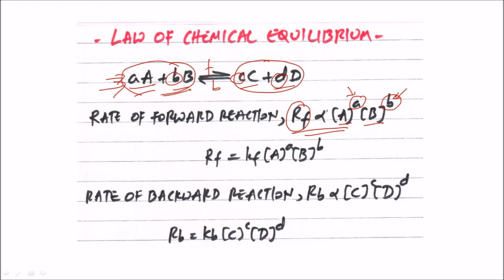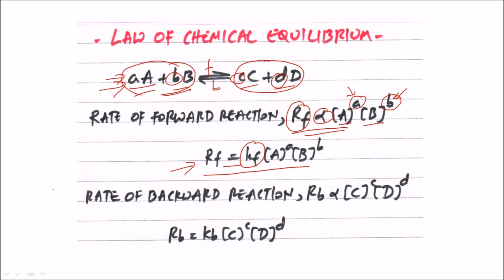Now if we remove the proportionality sign, we can take an equal sign by introducing a constant, which we call the rate constant, particularly for the forward reaction. We take the symbol Kf. So we get Rf = Kf [A]^a [B]^b.